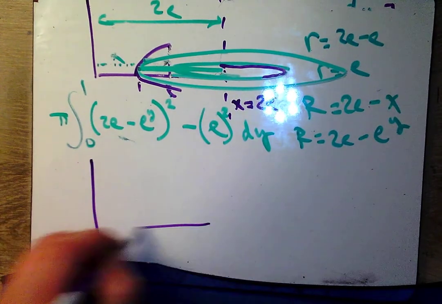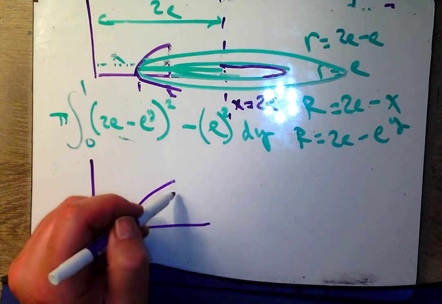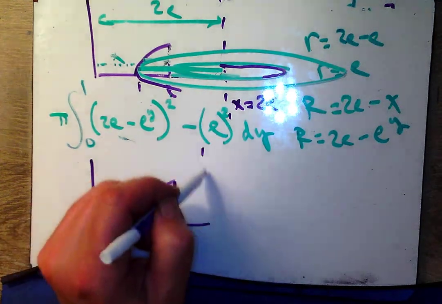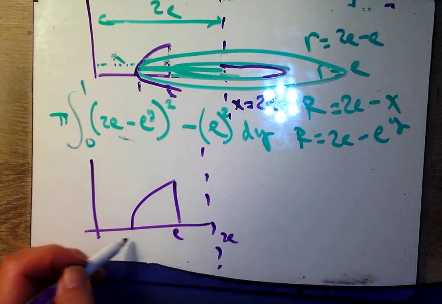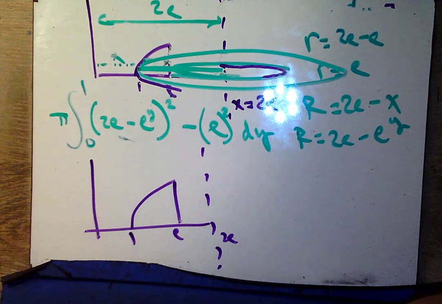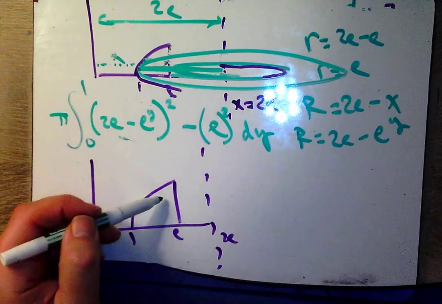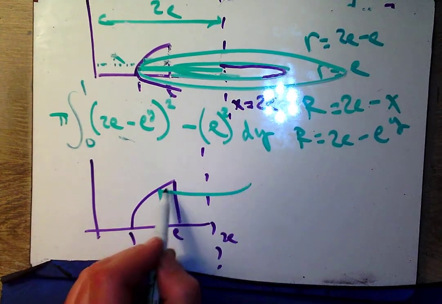And what about doing this with shells? Okay, so here we are, rotating around this, x equals e. And since we're doing shells, we want something that is parallel to the axis of rotation.